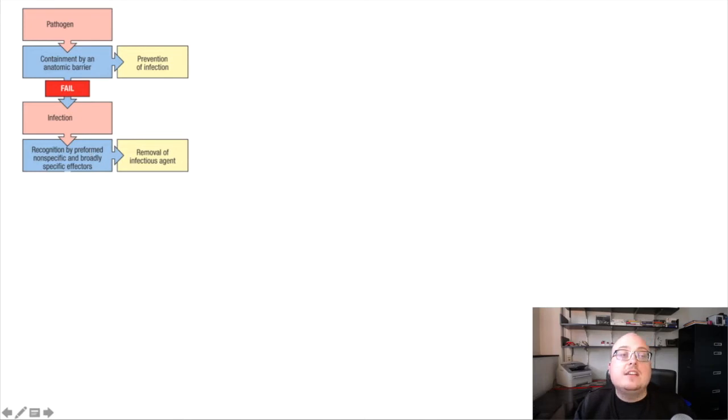And if we have an established infection, the very first thing we're going to do is mount highly non-specific processes, which this figure calls broadly specific effectors. Again, things that are just really generally good at killing pathogens, killing microbes in a non-specific way, but that we have at the ready at a moment's notice to take care of a pathogen infection as soon as it starts.